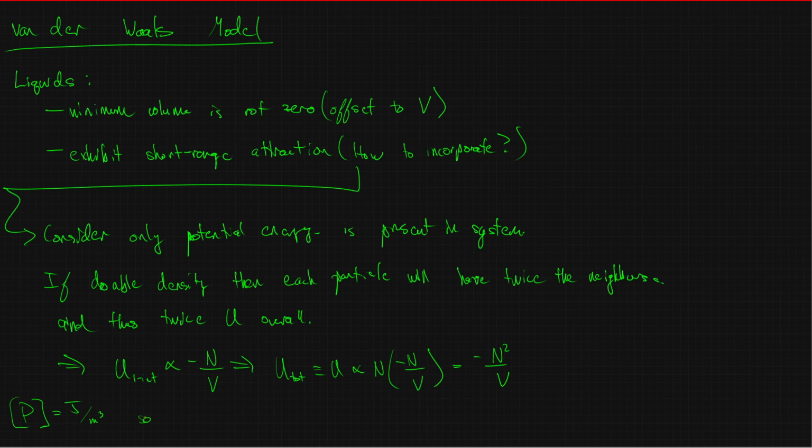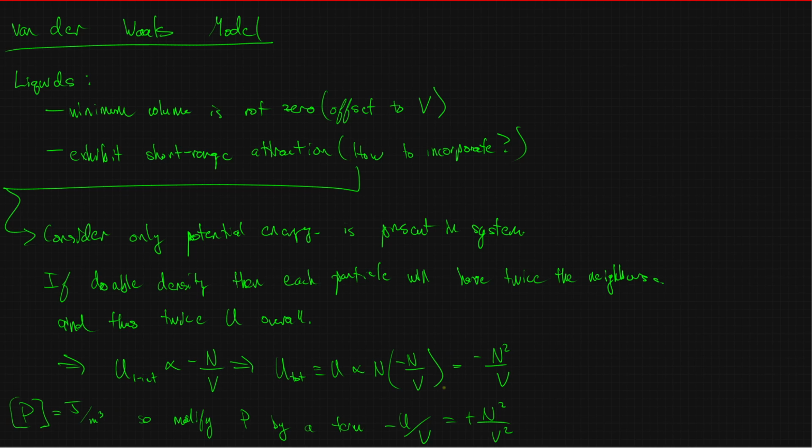So basically, we can modify the pressure term in the ideal gas law, P, by a term minus U, the one that we just calculated, over V, which just ends up being minus N squared over V squared. Sorry, that's minus, so we want that to be a plus. Plus N squared over V squared.